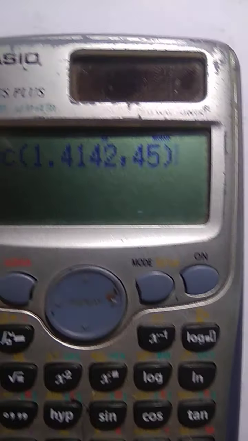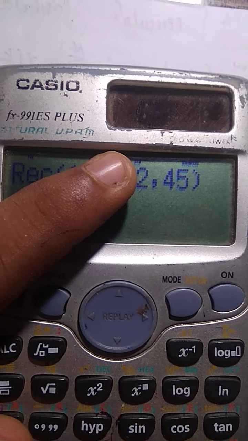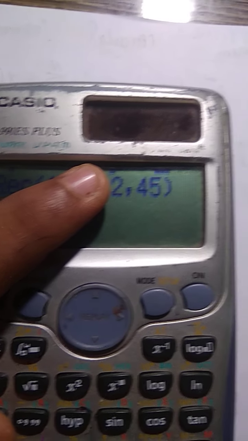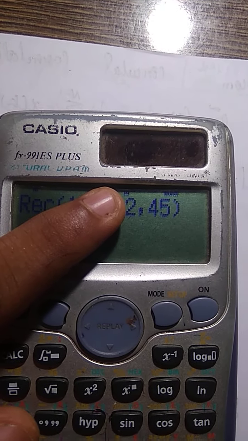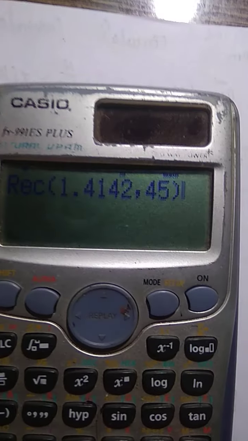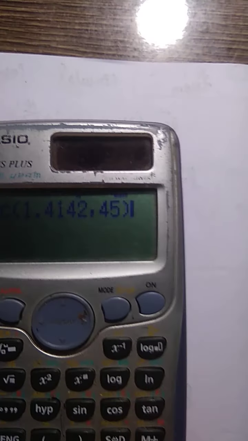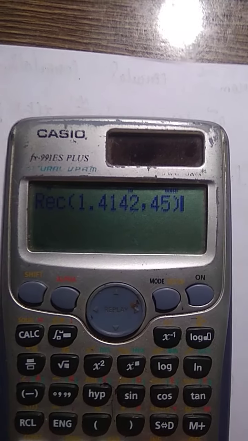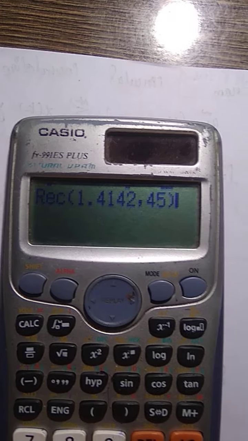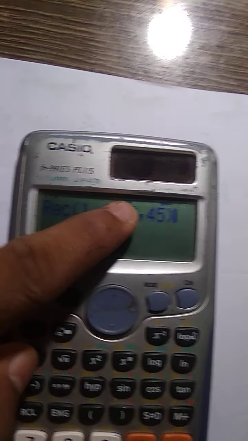Let's make sure that the calculator is in degree mode. If you want to calculate in radian, you should convert into radian mode and then calculate. Most students' answers are wrong due to this conversion, so make sure you are in the correct degree or radian mode.